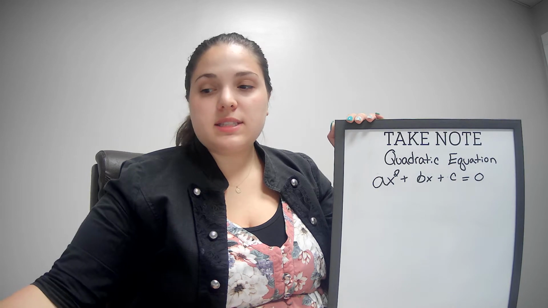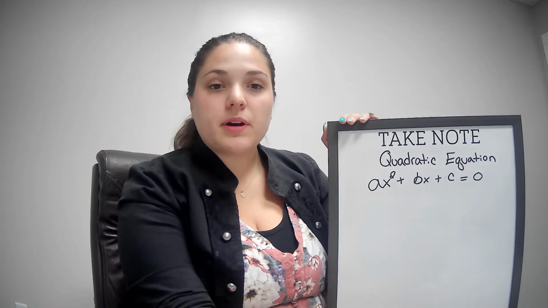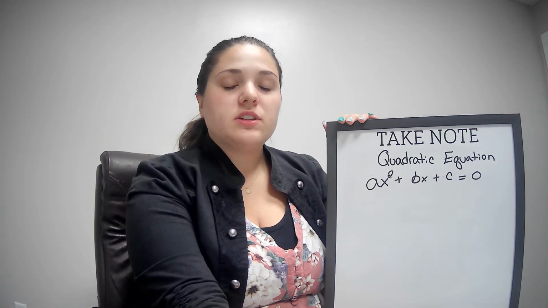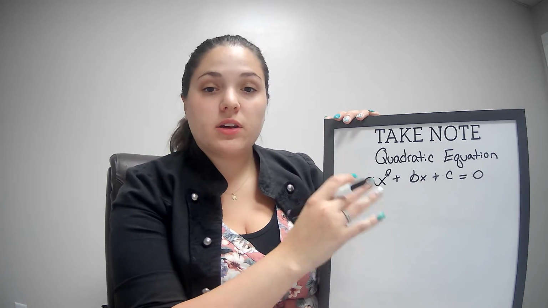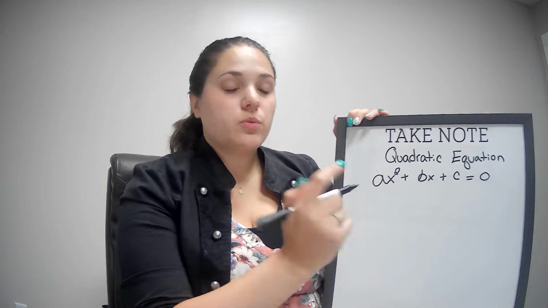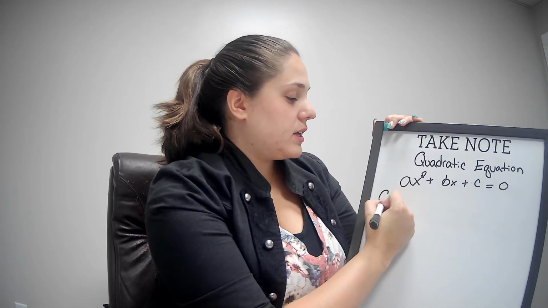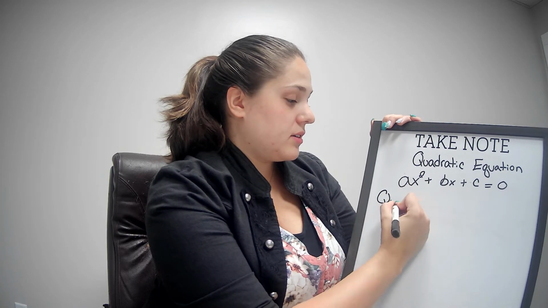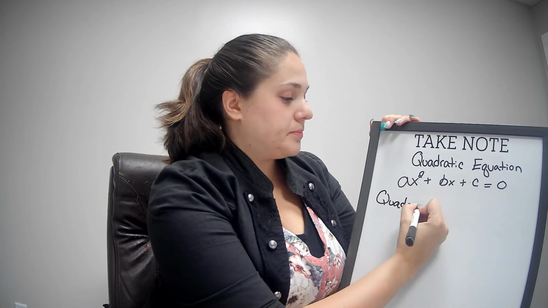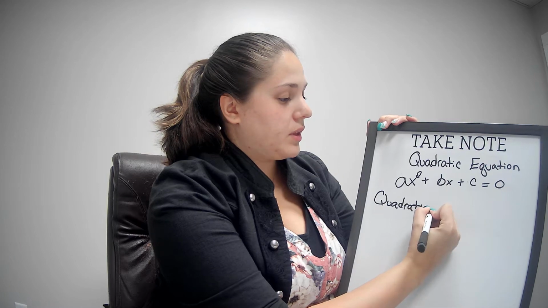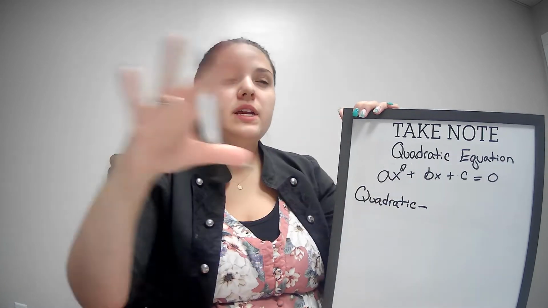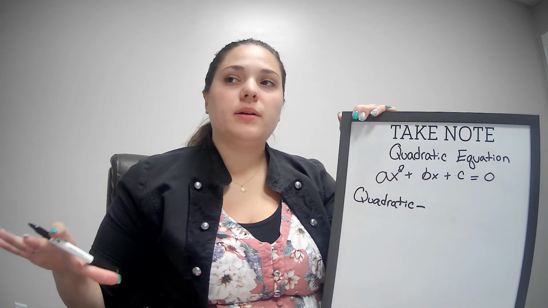So the next thing that we're going to talk about is a little bit of vocab that is associated with the quadratic equation. So the first word that we're going to put down is quadratic. So does anybody know what quadratic means?